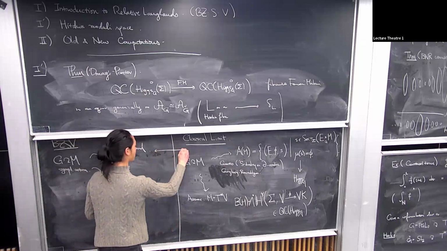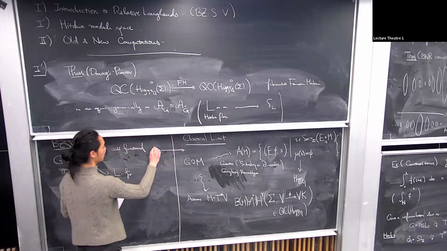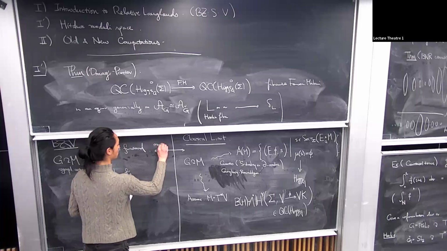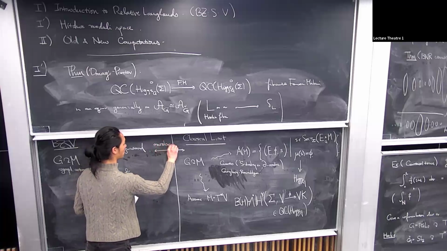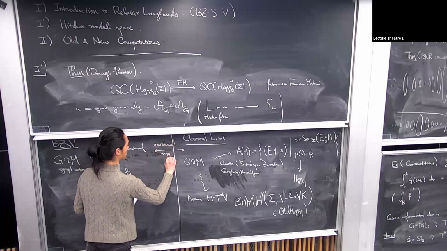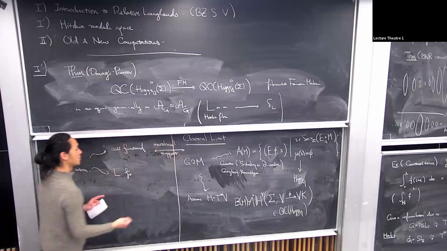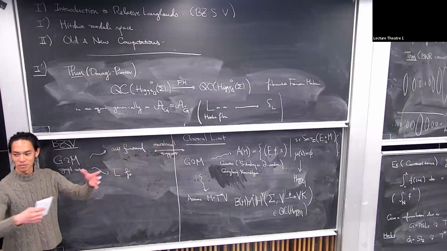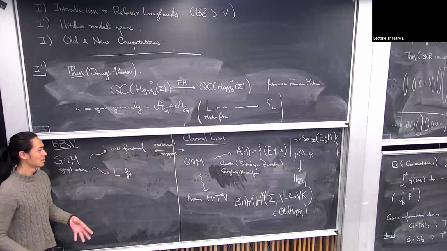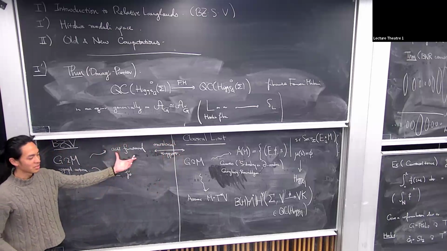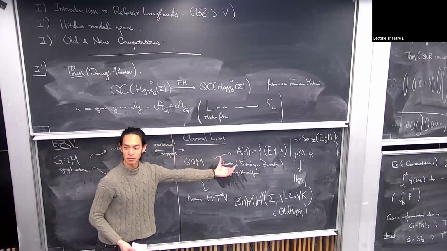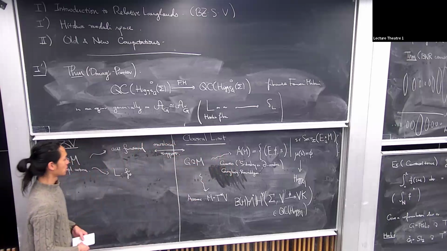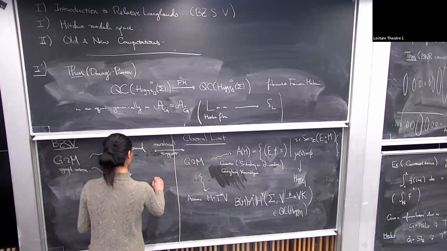On the A side, this goes under the name of microlocal support. In words, this automorphic functional is represented by some sheaf, like a D-module. Then you can take its microlocal support, you get a Lagrangian, and that's Gaiotto's Lagrangian.